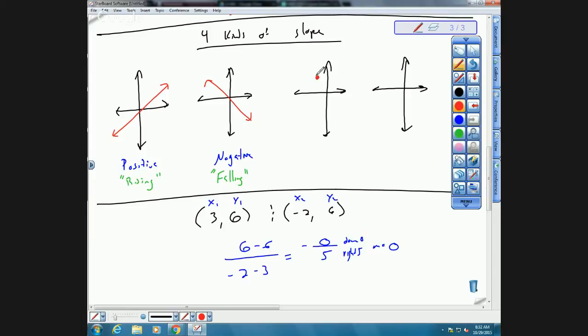If I go from that point and I go down 0 and to the right 5, I would just go to the right 5, really. So that makes a horizontal line. So when my slope is 0, I will always get a horizontal line.